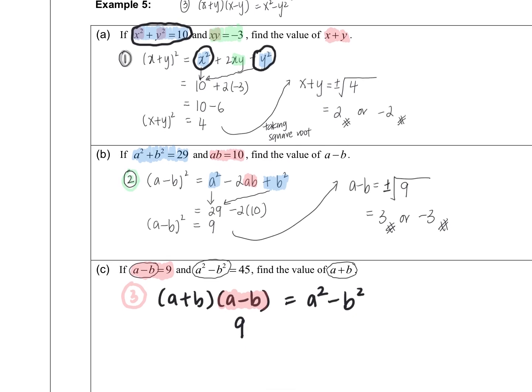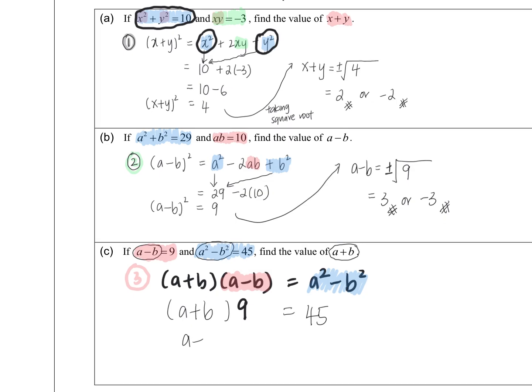Okay. A square minus B square is 45. So change this to 45. Okay. So how to find A plus B?